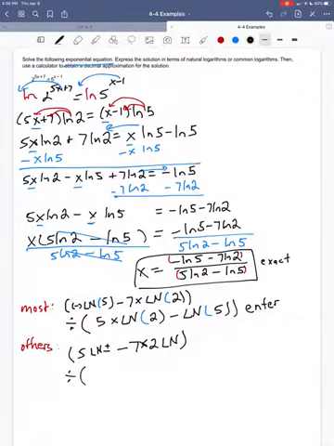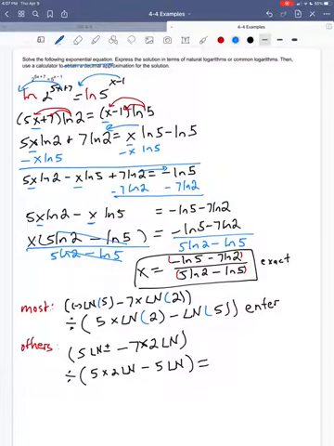I need to put the bottom in parentheses. 5 times the natural log of 2, I do 5 times 2 natural log, minus the natural log of 5, I hit 5 natural log. I hit parentheses, that forces the calculator to do the denominator. However, this division is still hanging around in the calculator's memory. To make it do that, I have to hit equals here at the end.